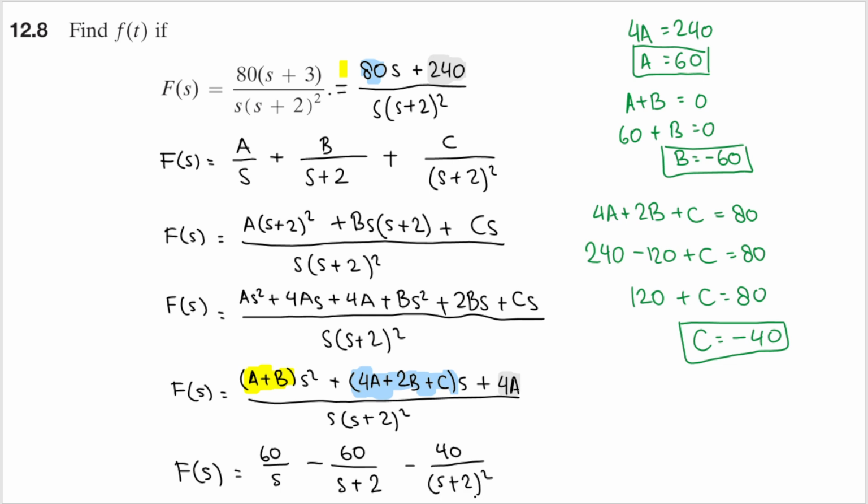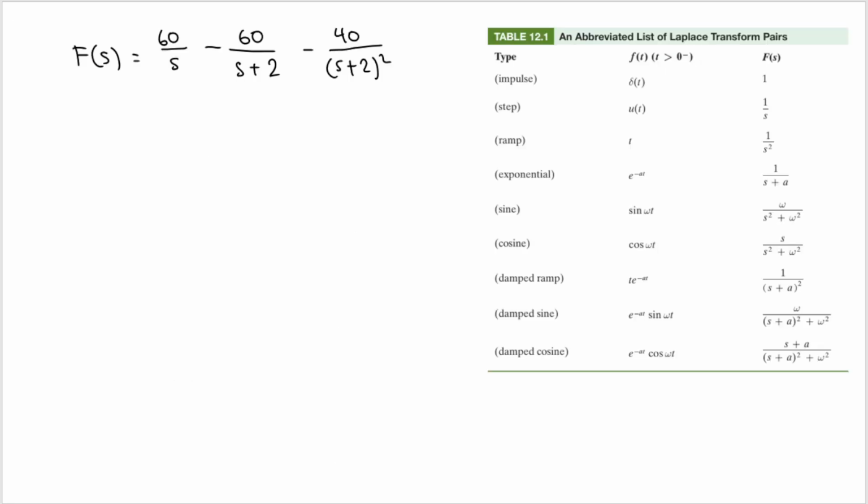And now one thing that we need to do is just to look up the Laplace transform table to transform it into the time domain. Okay, let's do exactly that. So far we have this function here, and now let's rewrite this as the time function.